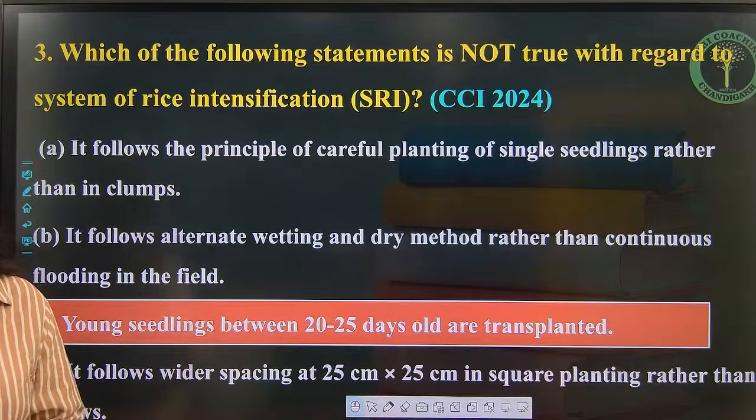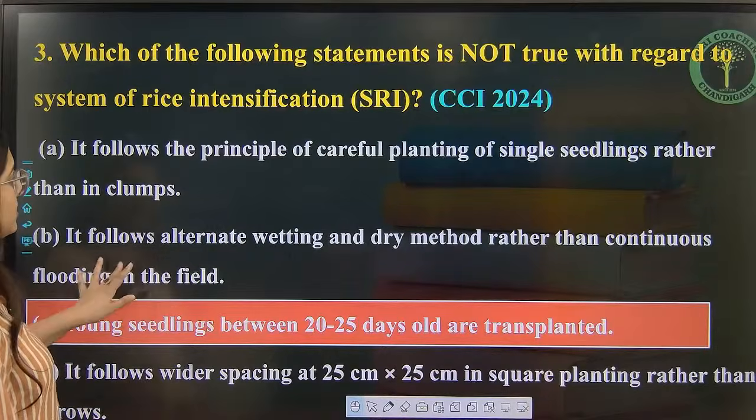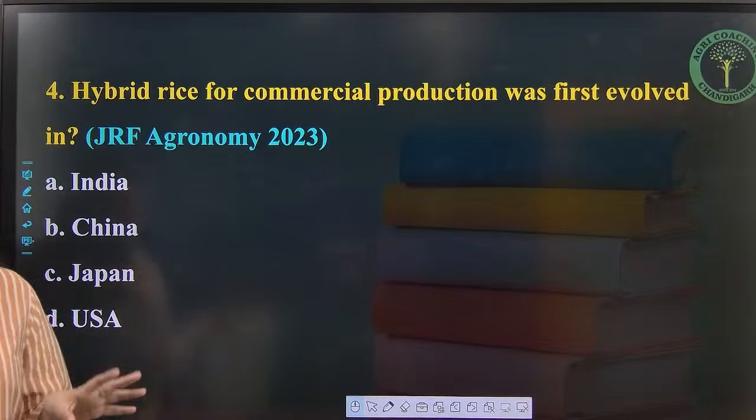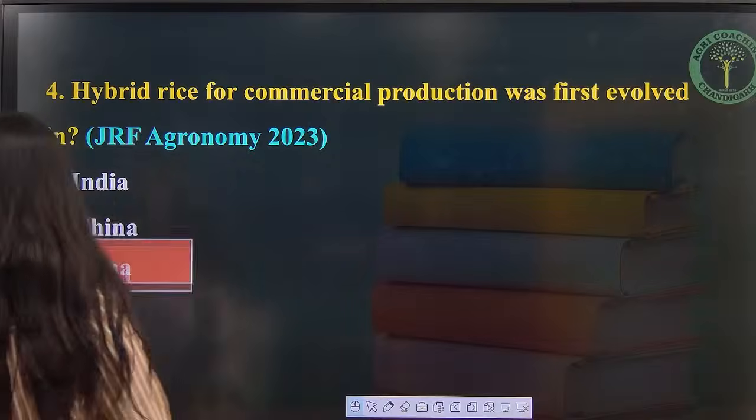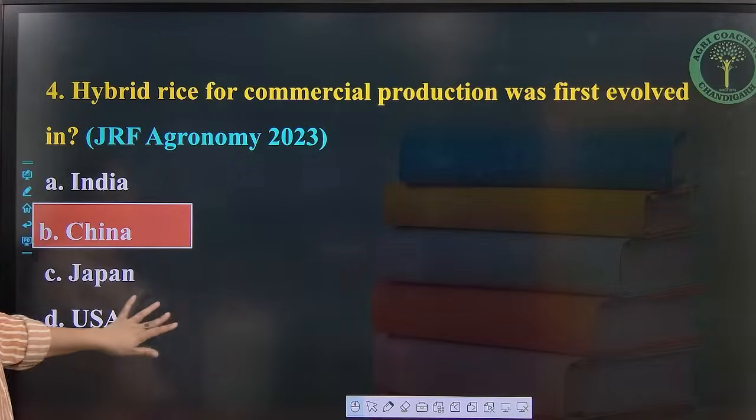Option number C. Here the correct answer is option number C. Next. Give answer for this. What will be the answer? Yes, option number B, China.